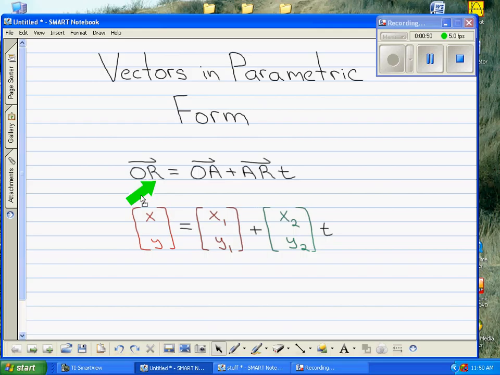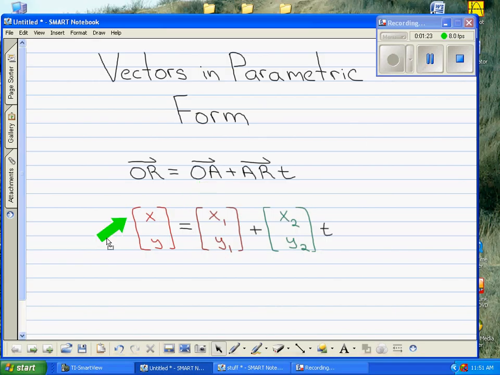I track this vector from where I am standing to my initial sighting of the object, in component form x1, y1, plus the velocity vector. In other words, this is where the vector started, and this is the direction it's going at any given time t, or x2, y2. And t is just a particular time.